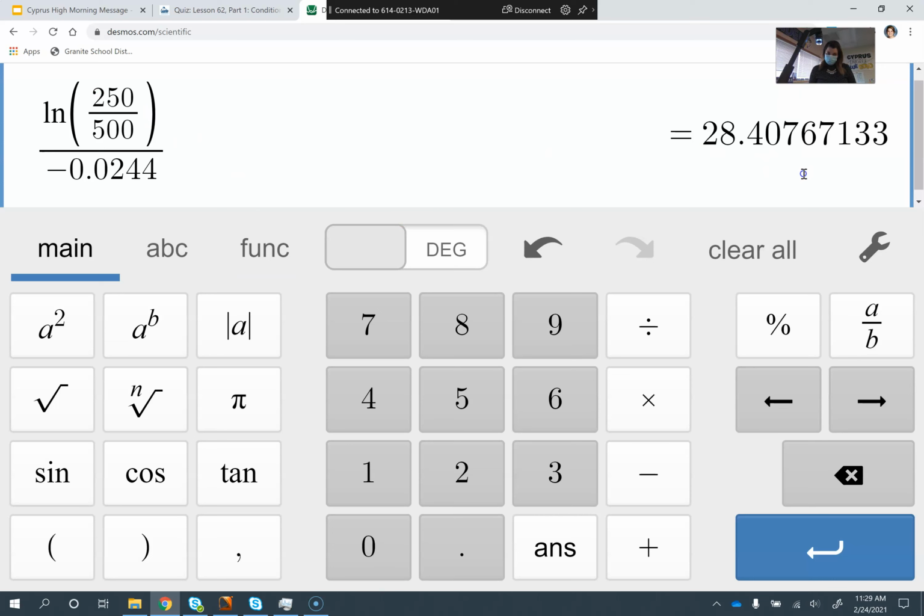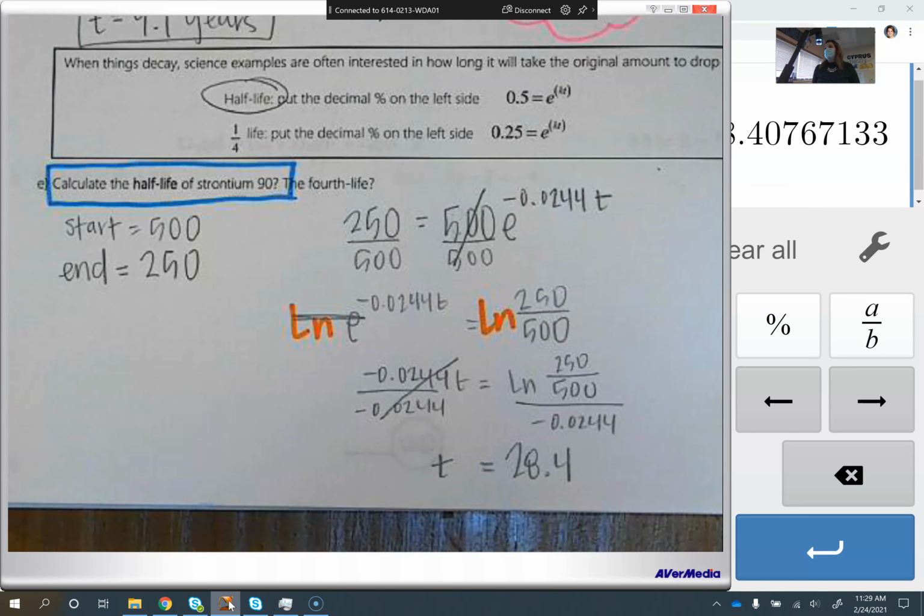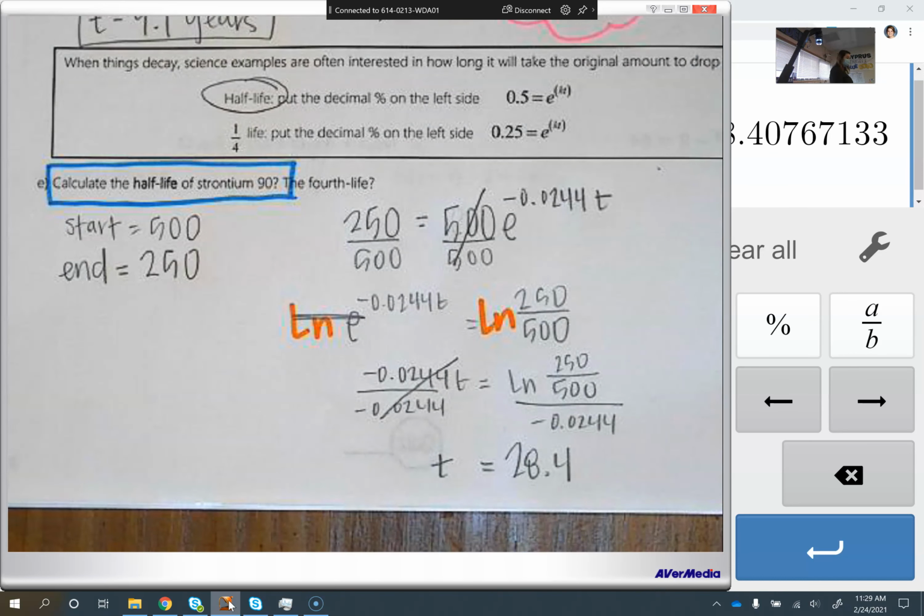So 28.4. So the half-life of strontium-90 is 28 years. It'll take 28 years for your starting amount to cut itself in half.